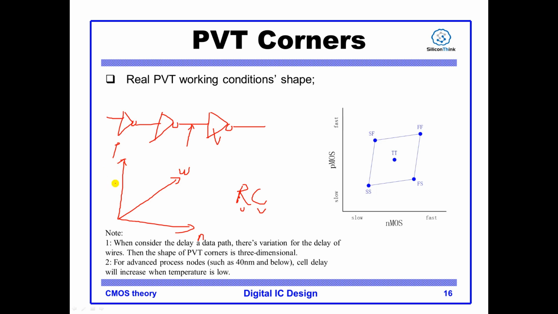So you may draw something like a cube. It's hard to draw. You can try it by yourself. So this may be the valid working condition for a chip.